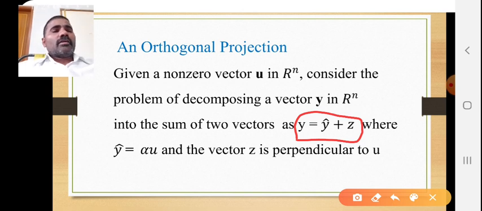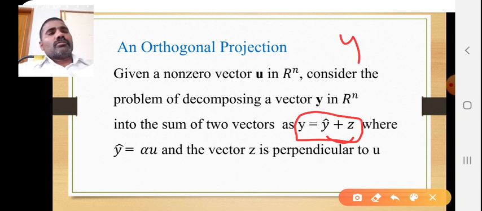That means here we decompose y as a sum of two vectors. The two vectors, y cap and z, are orthogonal to each other, so y cap dot z is 0.